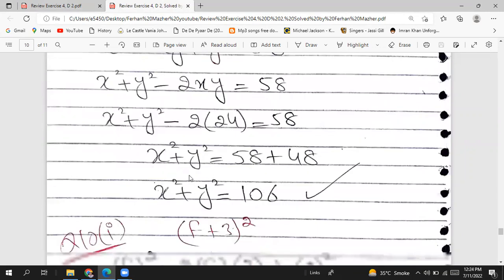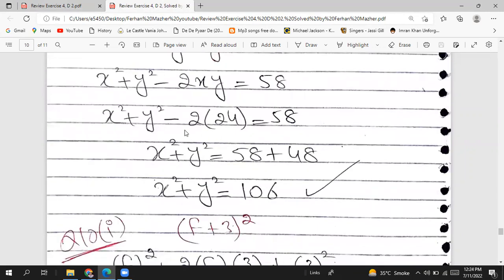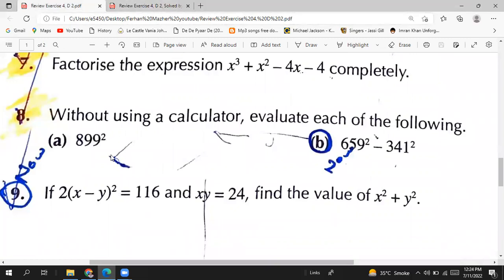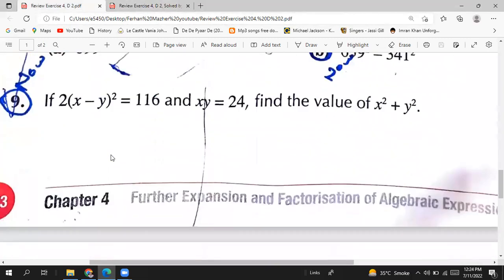When you multiply 2 with 24, it will be 48. It's minus 48 here. Take it to the other side, and it will be positive 48. So you will have x square plus y square equal to 58 plus 48. So x square plus y square will be equal to 106. So this is how you will do question number 9.